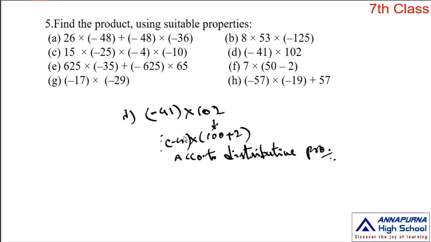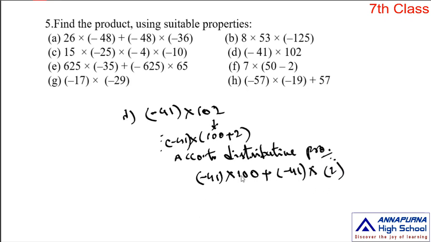So we know that A into B plus A into C. What is A here? Minus 41, into B, 100, plus A into C, A means minus 41 into 2.